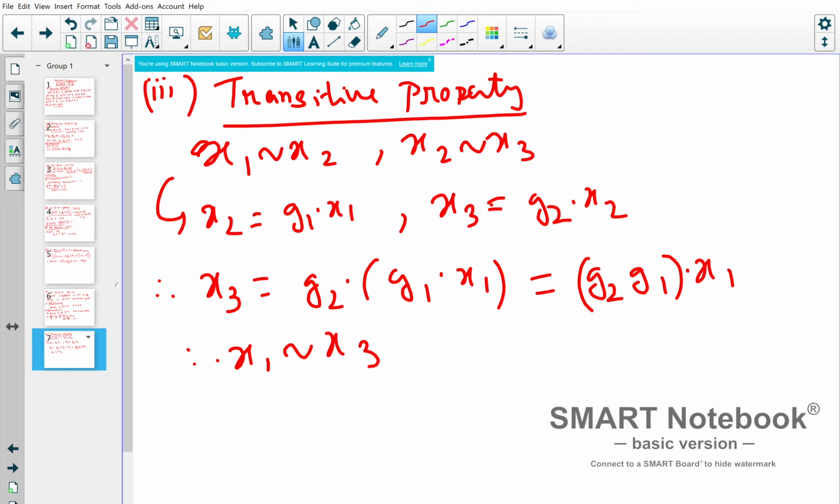Clear? So that tells you that this relation is also transitive. So what is the final result?